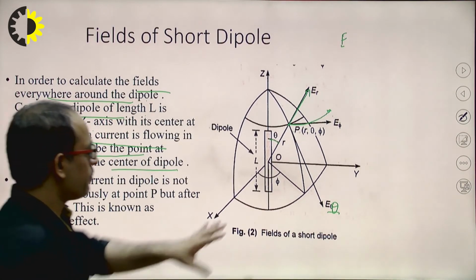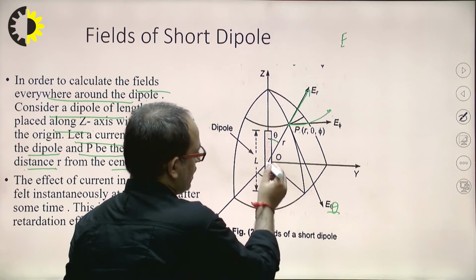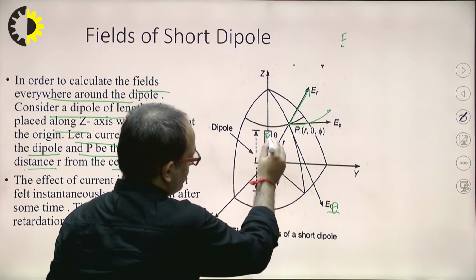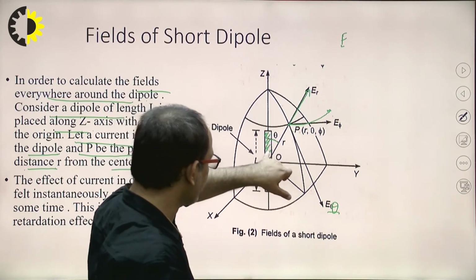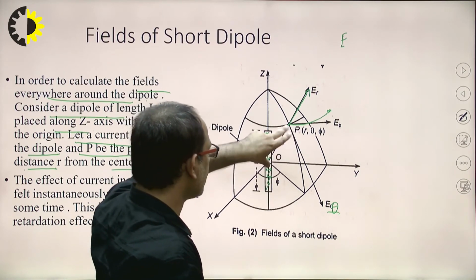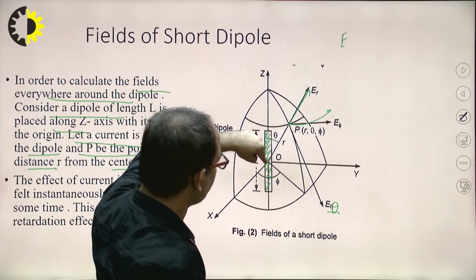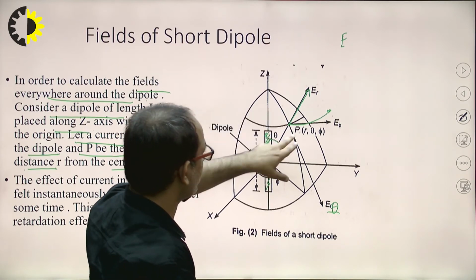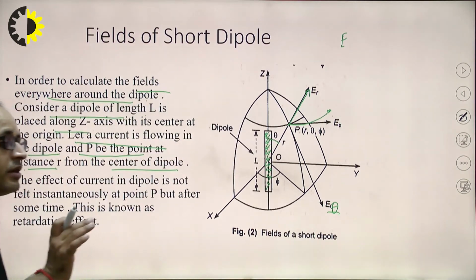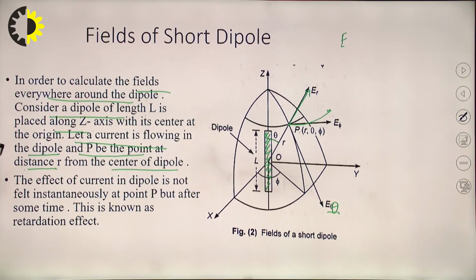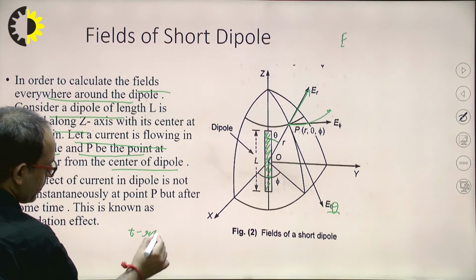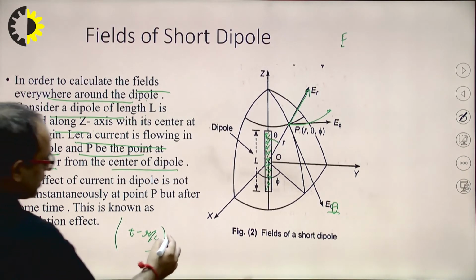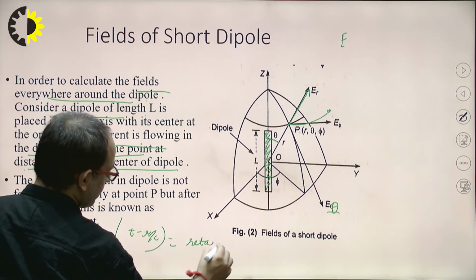Now if I give a current to this dipole, electric field and magnetic field will be produced, and it will take some time for them to reach point P. So there will be a retardation effect, which I have already discussed. That means the retarded time will be t minus r by c.